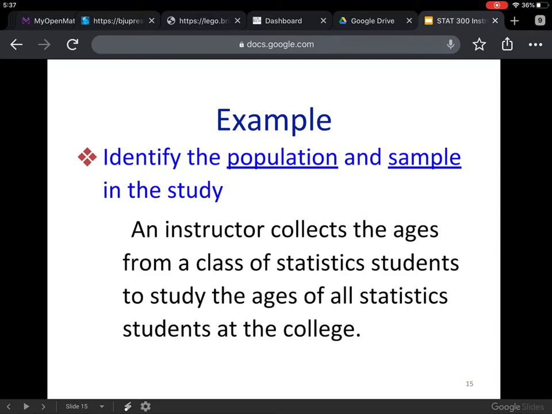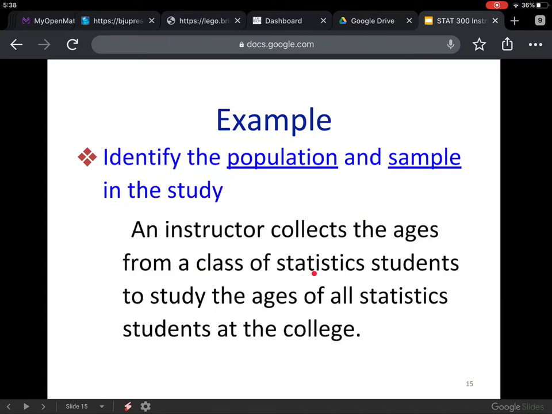If we change the statement a little bit more to say an instructor collects the ages from a class of statistics students, and include the reason for it, to study the ages of all statistics students at the college, then we now have a population, which is the ages of all statistics students at the college, and then the ages of the statistics students in the class would be the sample.